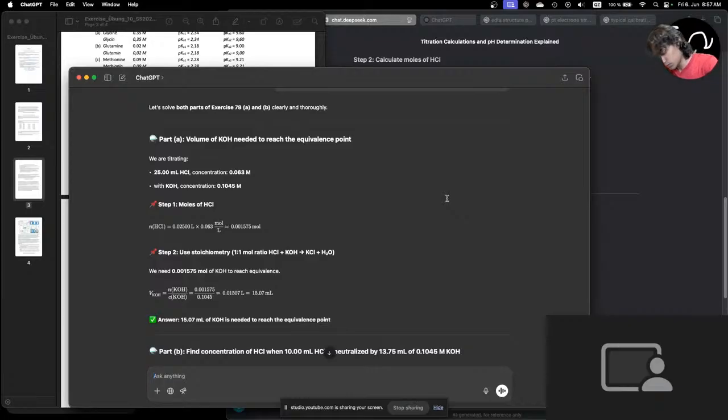That's pretty big. Oh, come on. So it's 15.07 into 10 raised to minus 3 liters, which implies 15.07 milliliters.